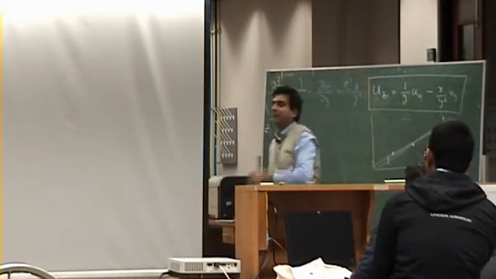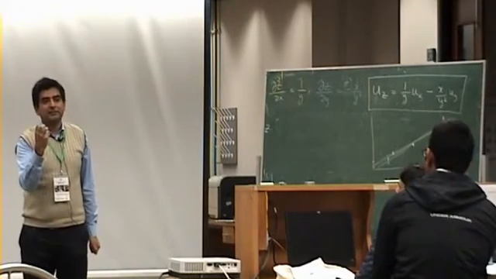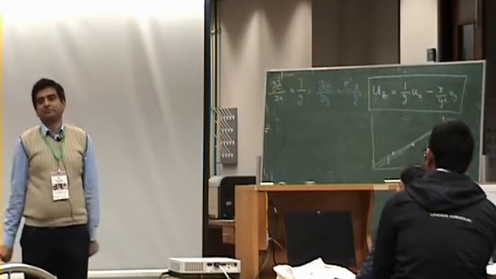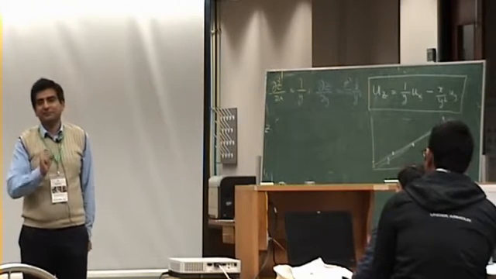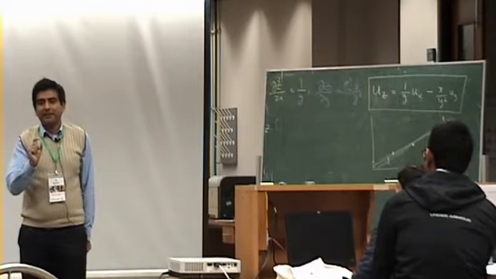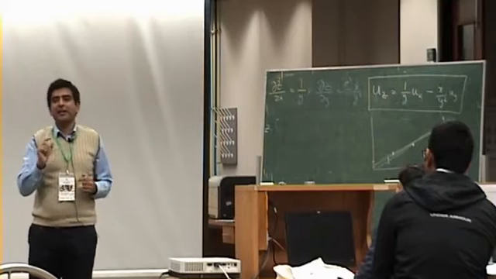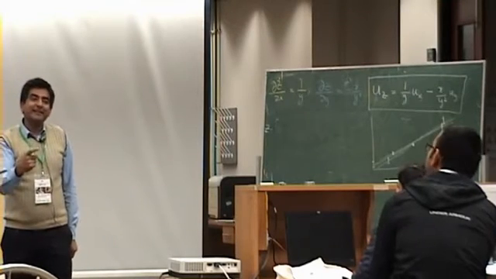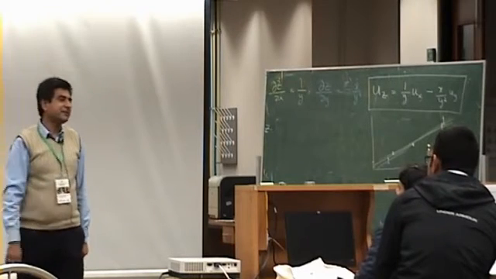One question. I have a cube of length 10 centimeter, each side is 10 centimeter. If the uncertainty in the length is 1 centimeter, what's the uncertainty in the volume?